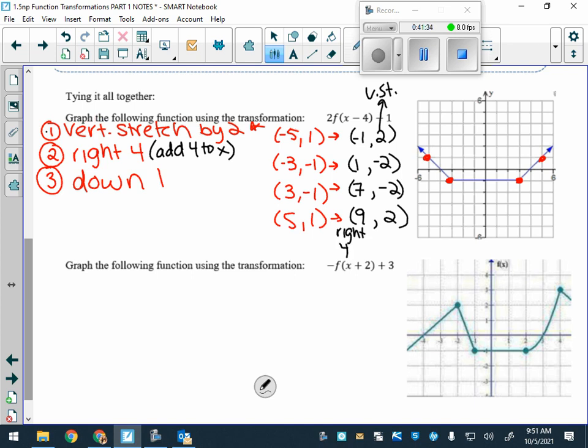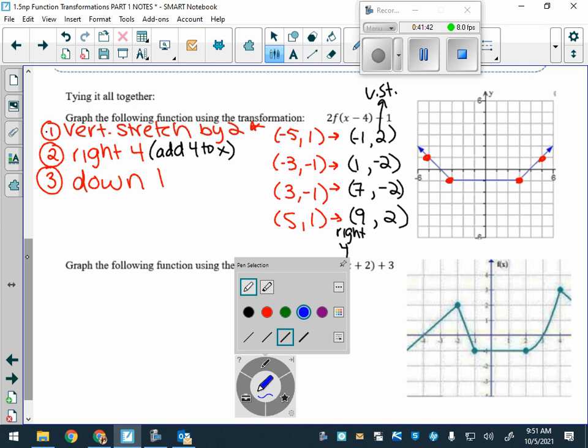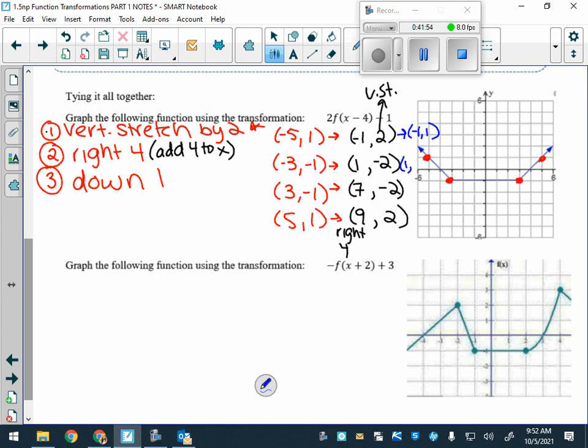But what's left? Subtract the y's by 1. So my x is going to stay the same. I'm just subtracting my y's. So 2 minus 1 is 1. Negative 2 minus 1 is negative 3.